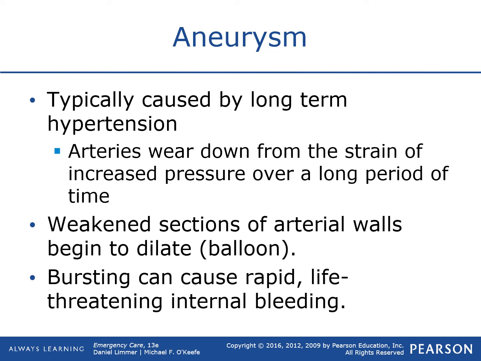So moving on into aneurysms. I'm sure that you guys have heard aneurysm at some point in your life. There's several different areas that you can get an aneurysm. So aneurysms are usually caused by long-term hypertension, so long-term high blood pressure. And that's because arteries have muscle in them, and that muscle is designed to take the pressure from your heart at 120 millimeters of mercury pressure.